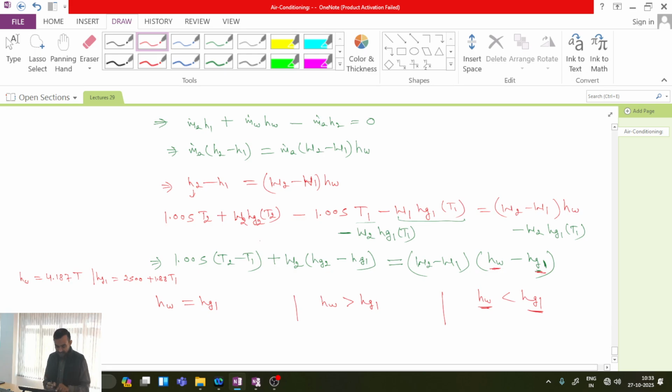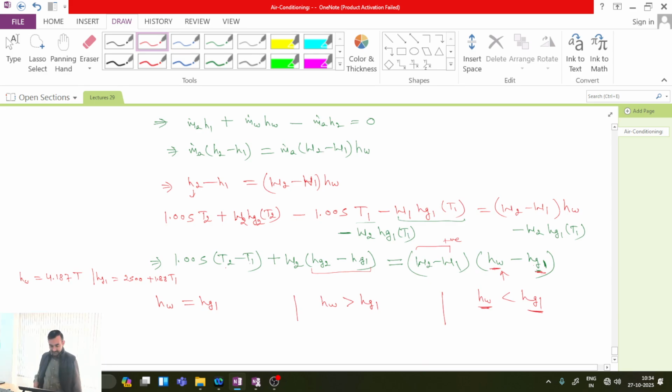If this is the condition, what will happen to this equation? You tell me. T2 minus T1, and in the right hand side, see, W2 will always be greater than W1 because we are adding moisture content, so it means humidity will be high. So this value will always be positive. Is this one clear? So it means that if I have this situation, then T2 can be lesser than T1.